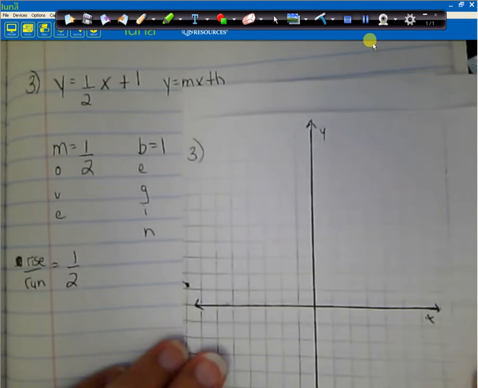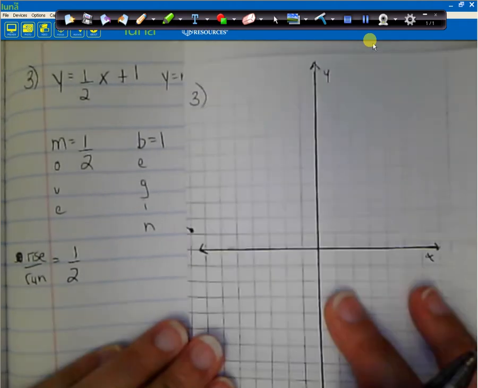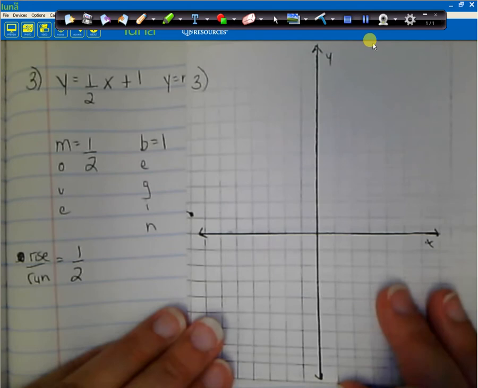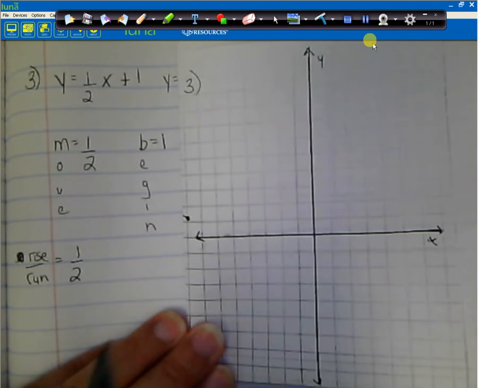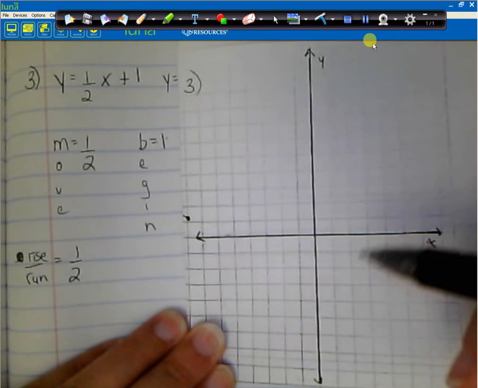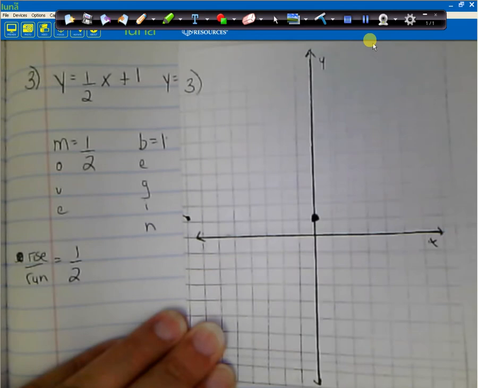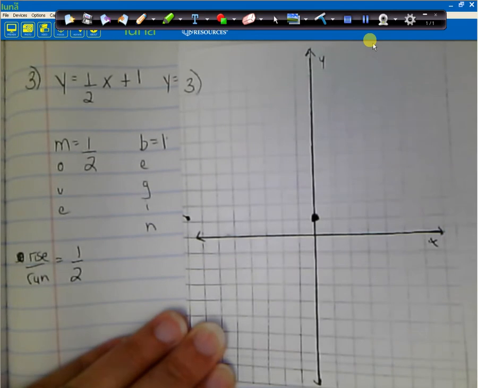It's lined up here so you can see it. There we go. All right, I'm going to begin with my 1. So on my y-axis, it's always the y-axis, I'm going to find the 1. So positive 1 is right here. So that's where I'm going to begin my line, and then I'm going to move with my slope.